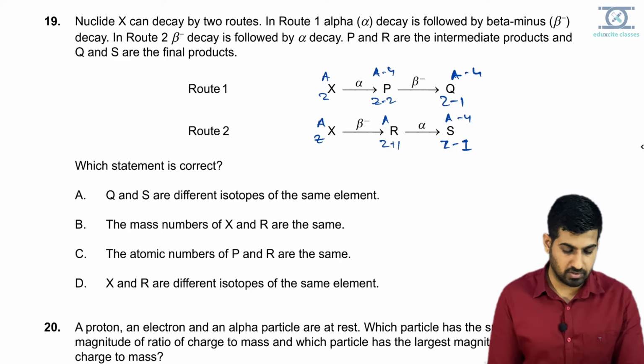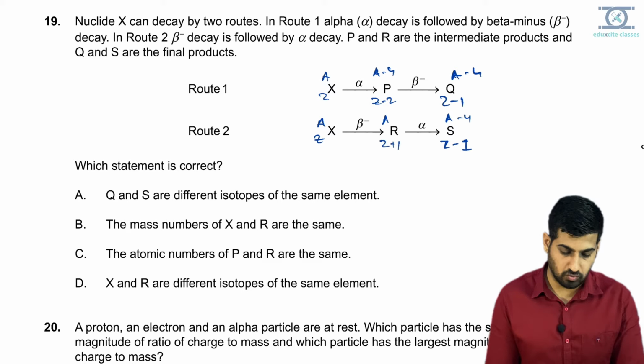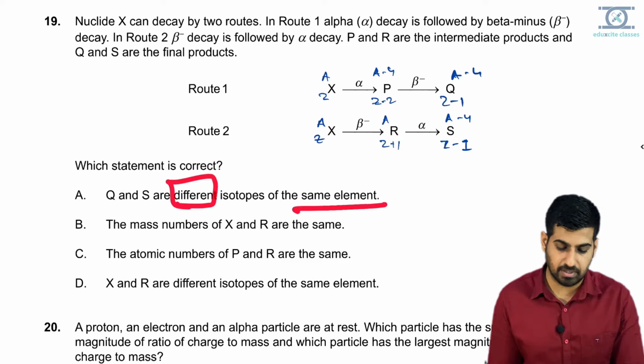Now look at the correct statement. Q and S are different isotopes of the same element. Isotopes means having the same atomic number. So Q and S, are they different isotopes of the same element?